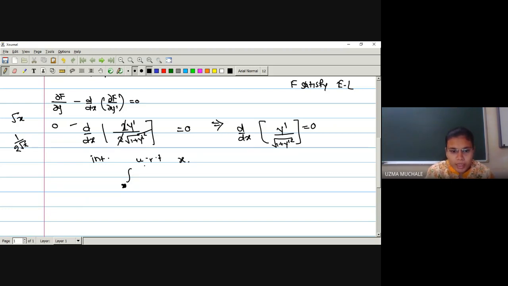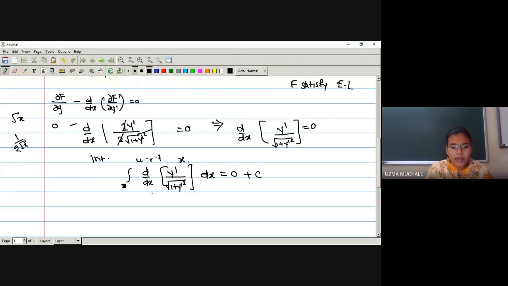Without having any limit we can find the integration of d by dx of y dash upon under root of 1 plus y dash square dx, integration with respect to x, which is equal to 0, or rather some constant c.